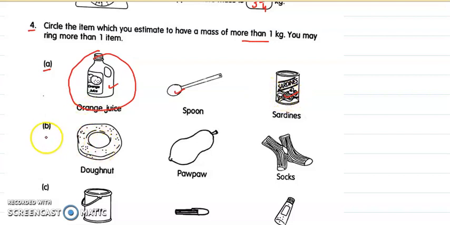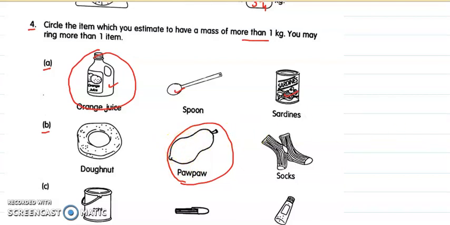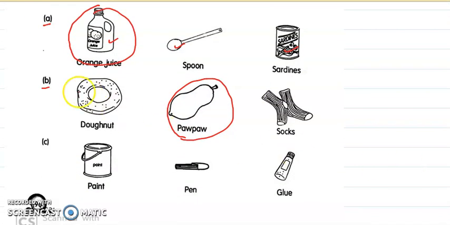So it will not look like that. In the second part, there is a donut, papaya, and socks. Of course, this papaya is looking more than 1 kg, as it comes in a really big size. We are just estimating here, so depending on the size, actually we estimate.